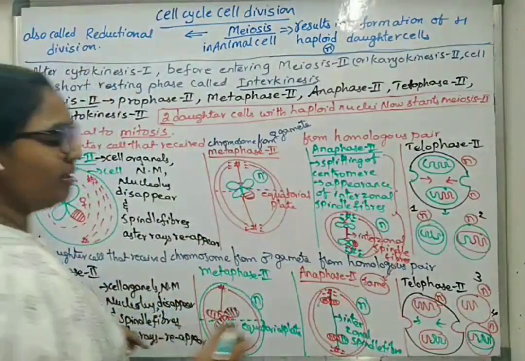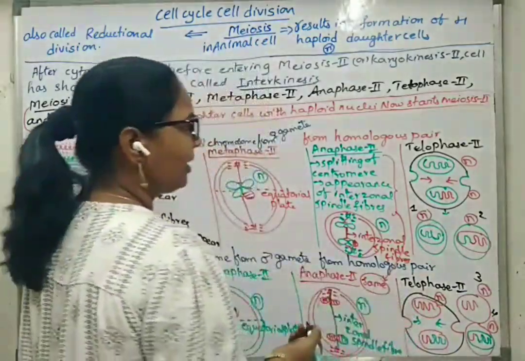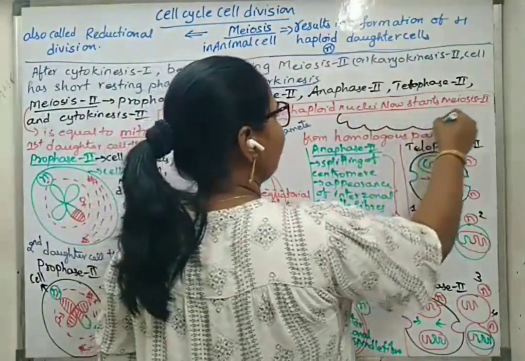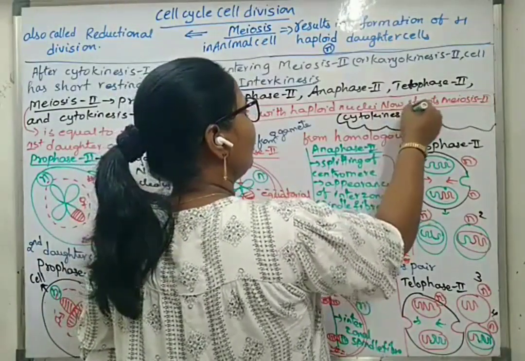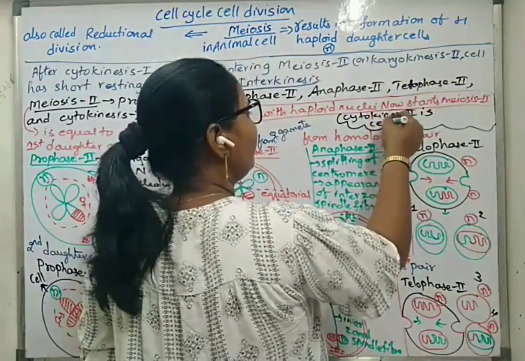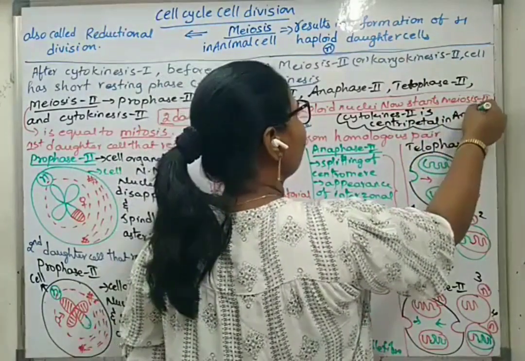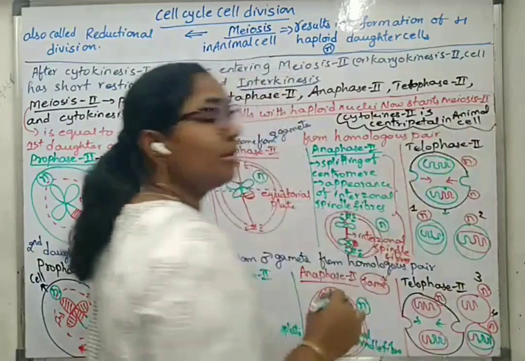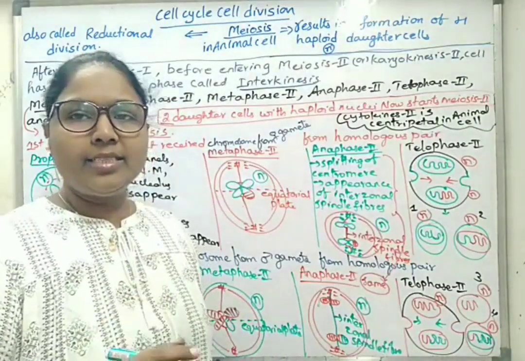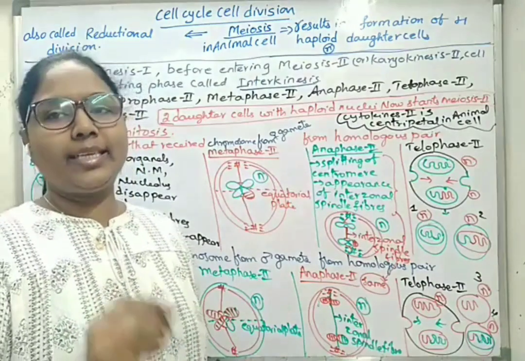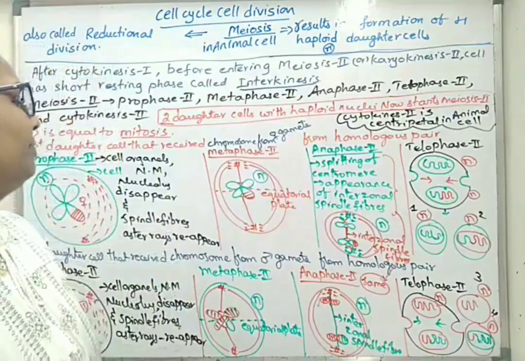Since this is an animal cell, here I have written invagination, and if you want to write cytokinesis 2, it is centripetal in animal cell. In case of plant cell, it will be by formation of a cell plate, and that is also called centrifugal type of cytokinesis after meiosis 2 in plant cell.